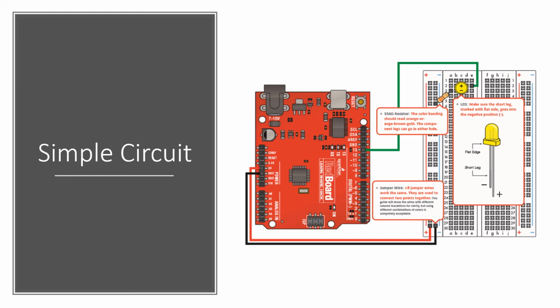The Arduino board is itself powered through a USB cable plugged into a computer. This is the very simple circuit that we dealt with the first time, when we were first understanding Ohm's law. In this case, the resistor is reducing the current sufficiently so that we don't blow out our LED.